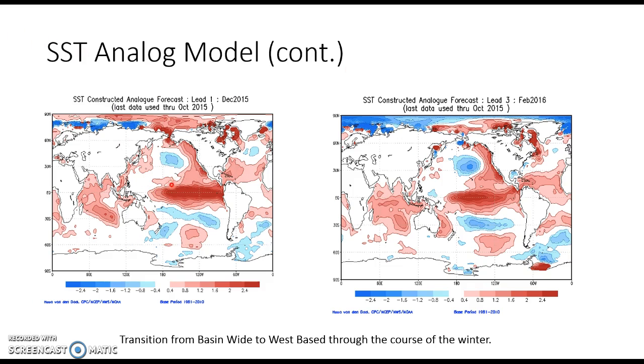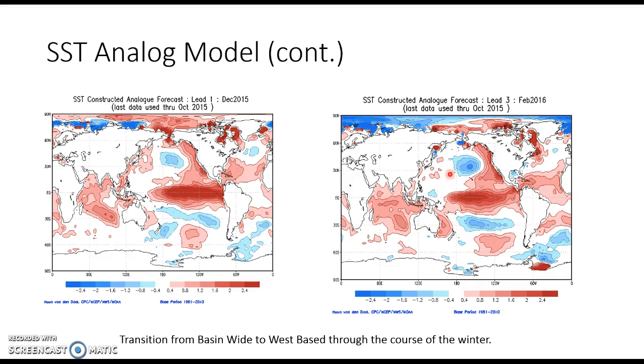So you can see what's really interesting is that according to this model, for December, we will be dealing with a more basin-wide look to the El Nino, along with the horseshoe of warmer than normal water in the northern Pacific, the classic positive Pacific Decadal Oscillation signature, which persists into February. But notice that it goes from more of a basin-wide state to more of a west-based state into February.